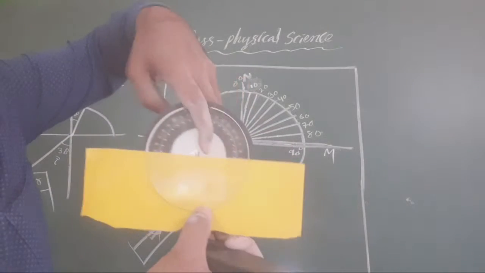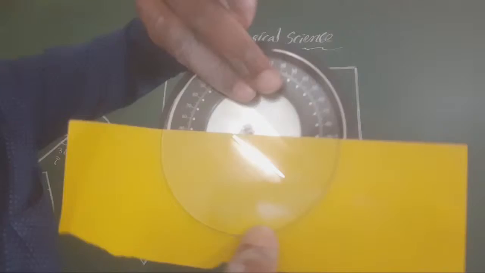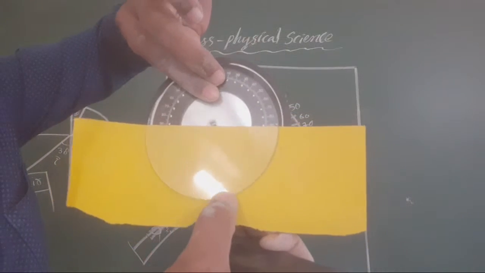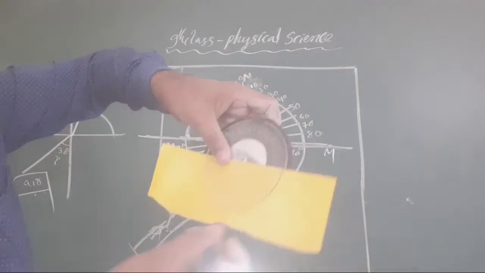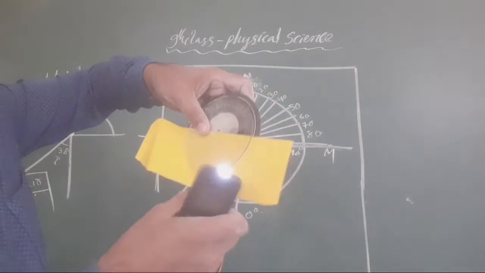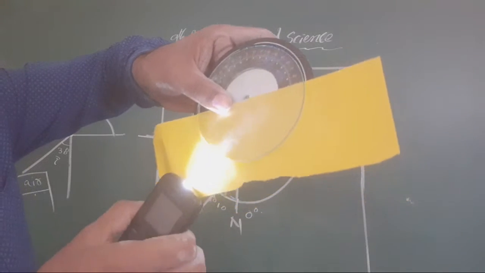I hope it appears so for you. Now 90 and 90 degrees is the purpose I have taken here. Now suppose when I am checking here, a light will be taken here. Clear or not, all the students?